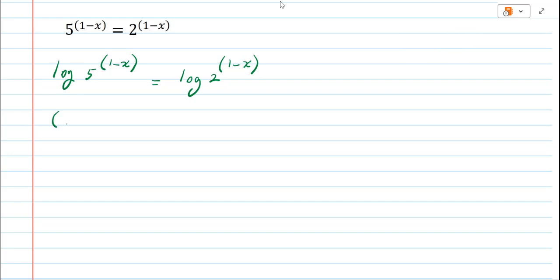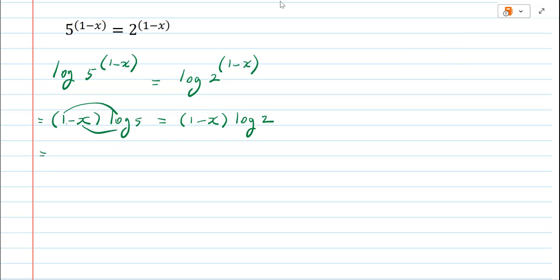So that becomes, open a bracket, 1 minus x, log of 5 equals, we're going to do the same thing to the right hand side, 1 minus x, log of 2. Okay, now we're going to do the distributive law. We're going to multiply each term by log 5 on the left hand side.